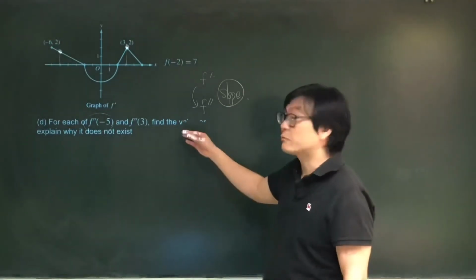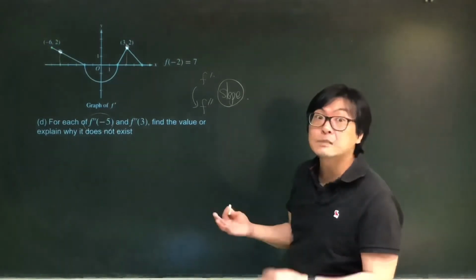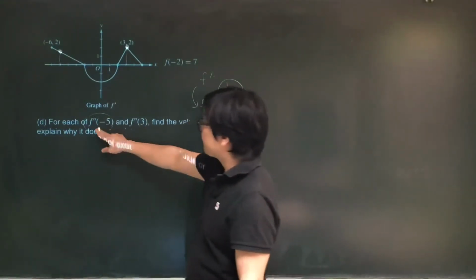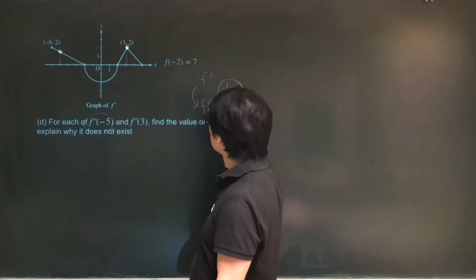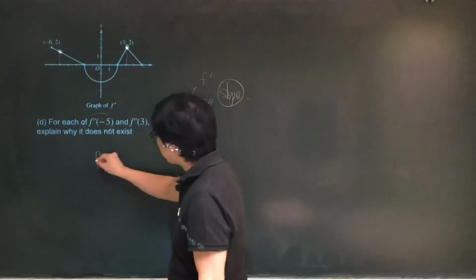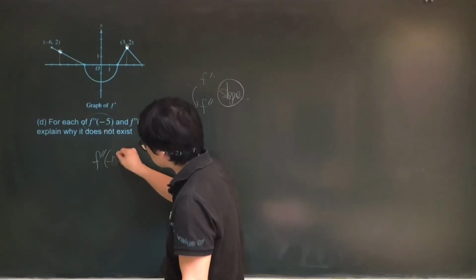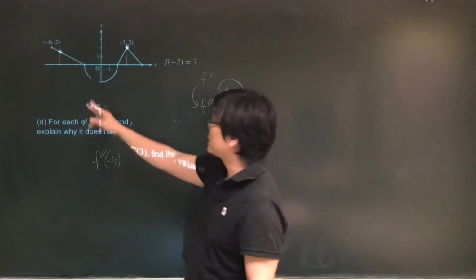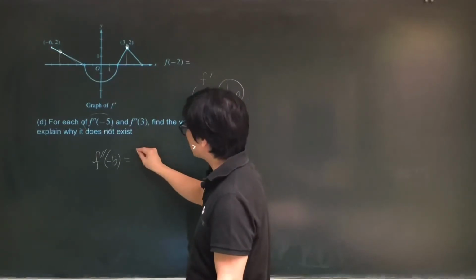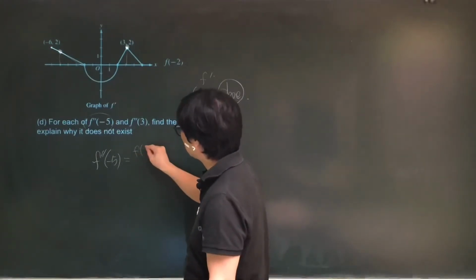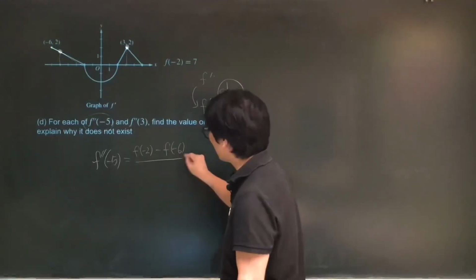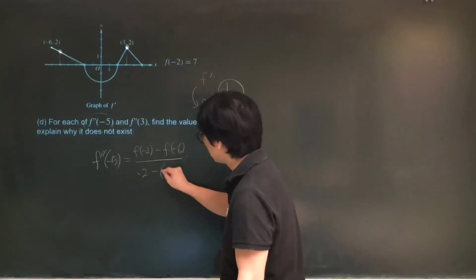But for the free response question, how we express that is also important. See, f double prime at x equals negative 5 should be the slope of this line. So that will be f of negative 2 minus f of negative 6, over negative 2 minus negative 6.